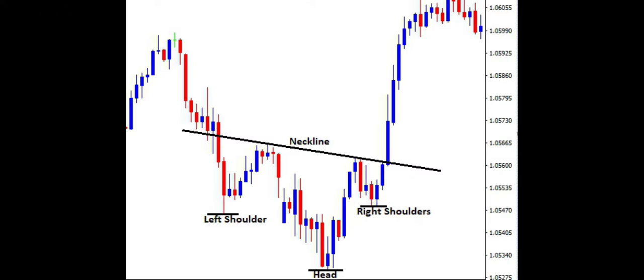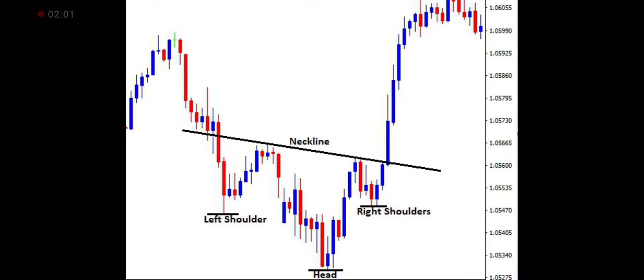The physical human being has one head with two shoulders, a left shoulder and a right shoulder. Same thing applied in this market. We are just using how the human being looks, bringing it down to the chart and forming something that makes it easy for everybody to understand what we're saying in the market. Now this is a bullish head and shoulder setup.